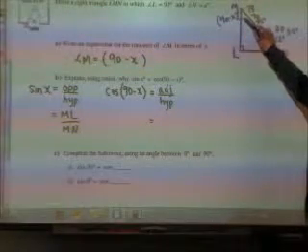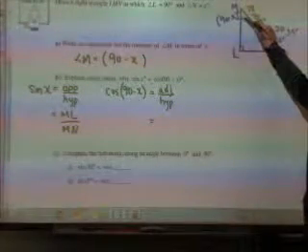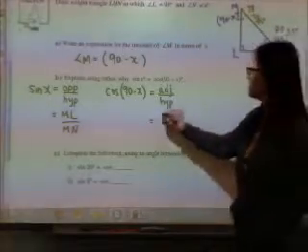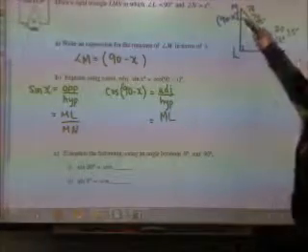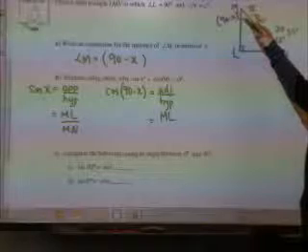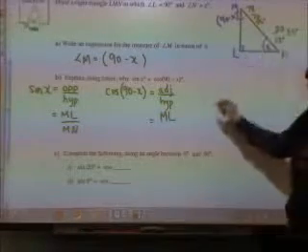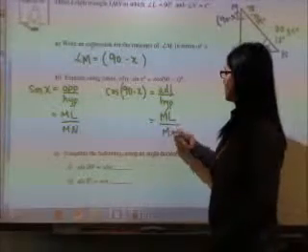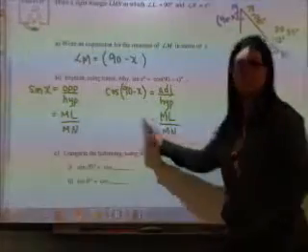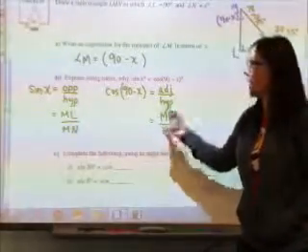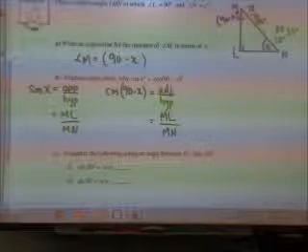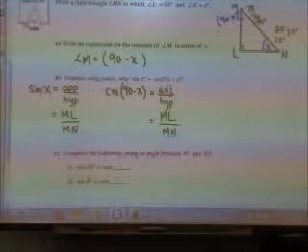From this angle, what's the adjacent side? ML. From this angle, what's the hypotenuse? MN. They're the same. I've just shown why sine x would equal cos 90 minus x.